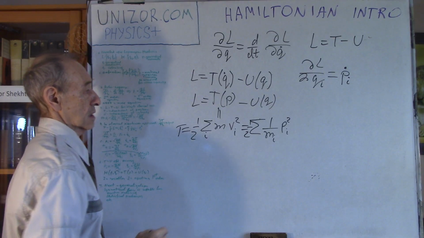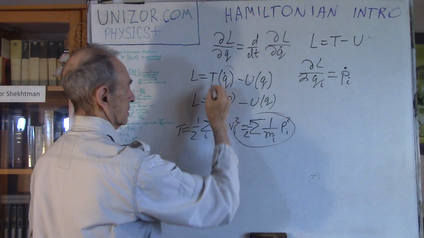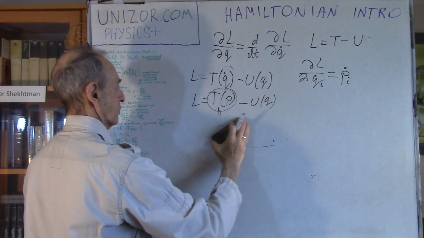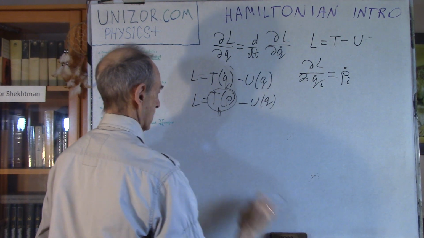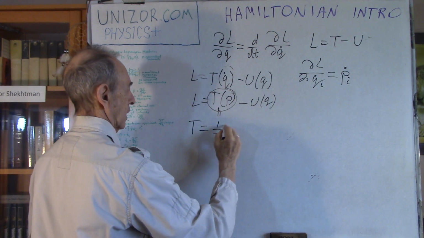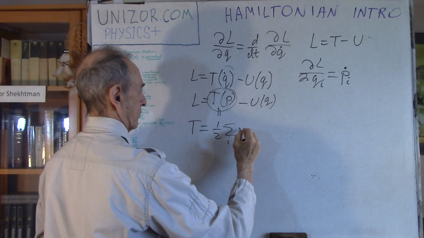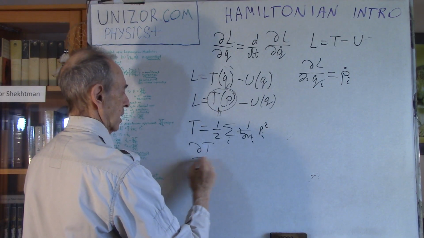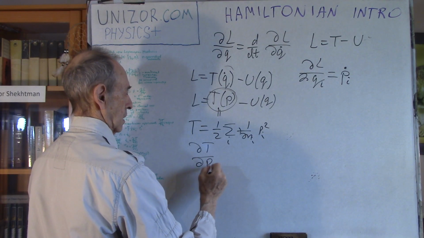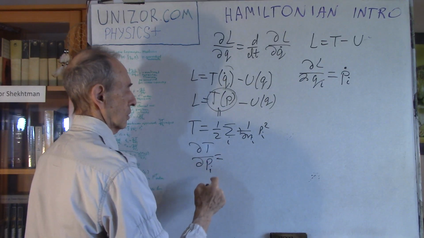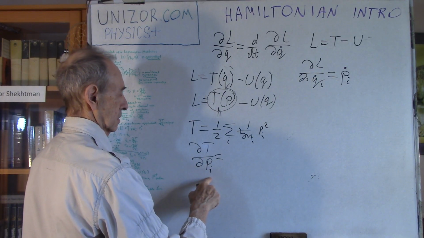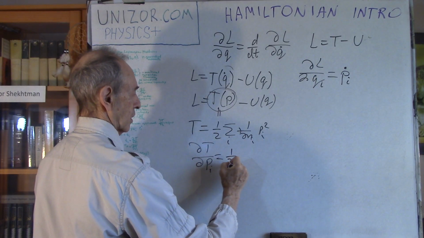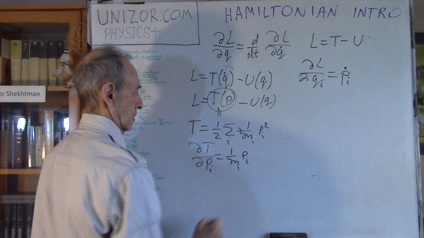Okay, fine. So now, if I'm using this particular definition, I can come up with the following. If T is equal to 1/2 sigma 1 over m_i p_i squared, then dT by dp_i, for one particular i, it's a square and 1/2, so it would be 1 over m_i p_i, right?